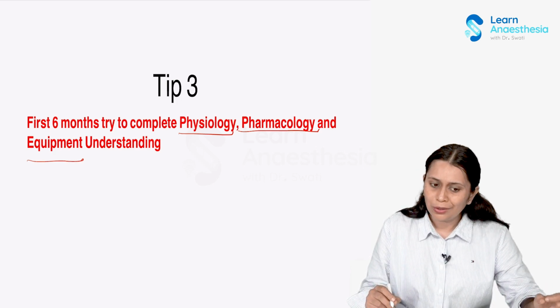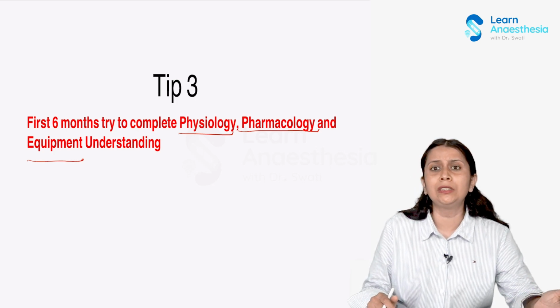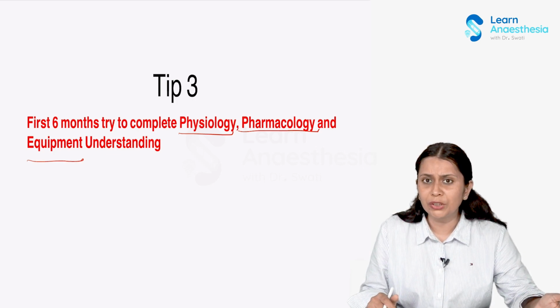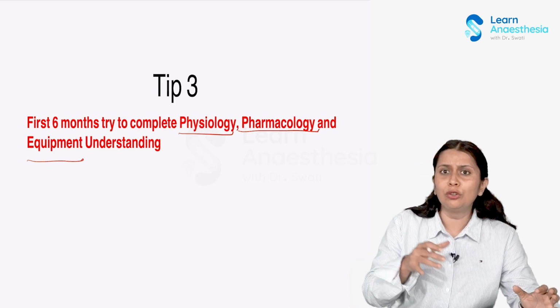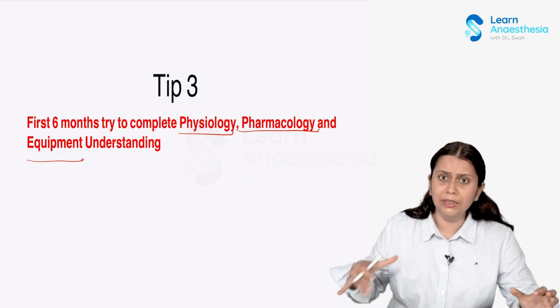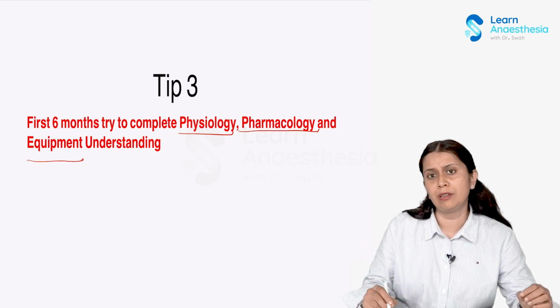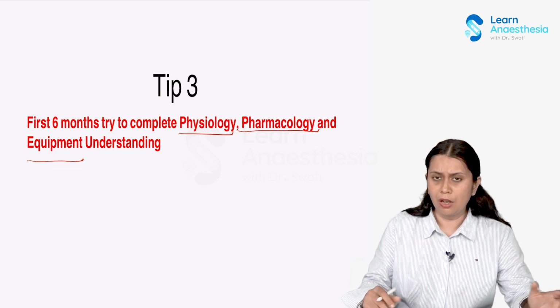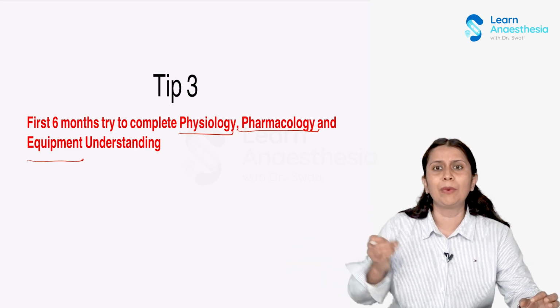Applied physiology is equally important. If you don't know the applied physiology, the required investigations in a particular derangement of physiology of a patient, how would you do a pre-anesthetic evaluation of the patient? And you would know what things you have to look for in the deranged physiology of a patient. So if you get a patient for a Whipple surgery with a deranged hepatic function, how would you know about the status of the liver of the patient if you don't know the hepatic physiology?